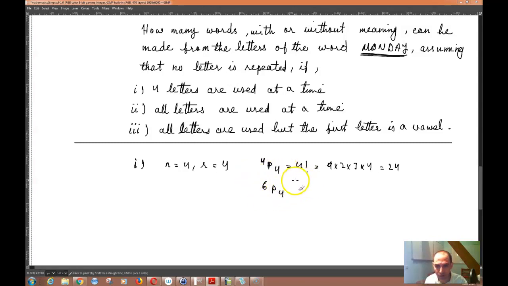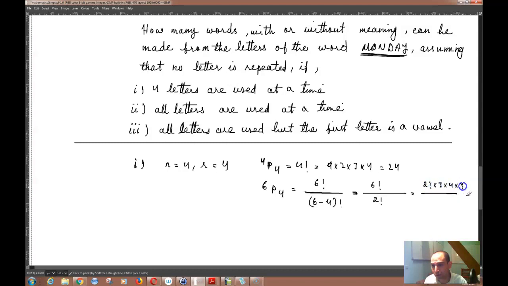So 6 permutation 4 is 6 factorial over 6 minus 4 factorial, which is 6 factorial over 2 factorial, which is 2 factorial times 3 times 4 times 5 times 6 over 2 factorial.